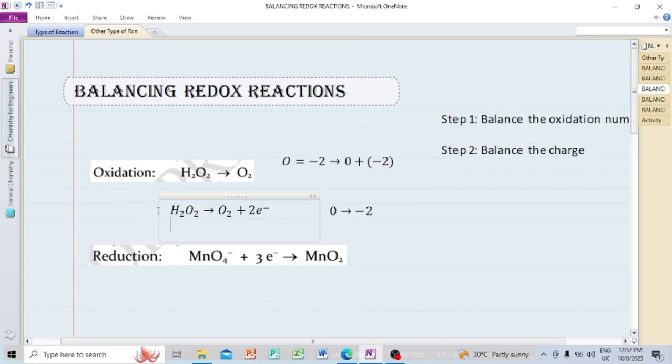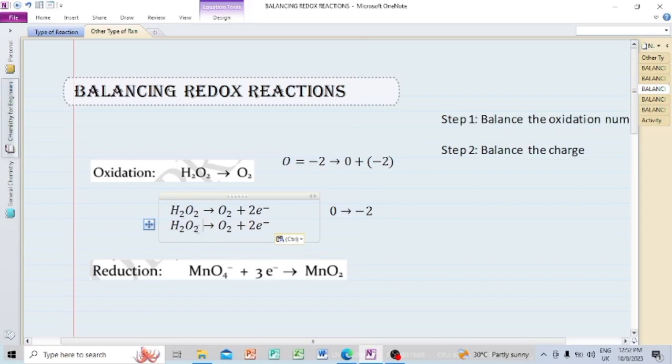So, ang mangyayari ay mag-add tayo dito ng plus, since we have negative 2 here, dapat meron din tayong negative 2 na charge dito sa kabila. So, this will be 2 OH negative. Yan. So, pareho na, balance na yung charge natin. So, from negative 2 is equal na sila sa negative 2.